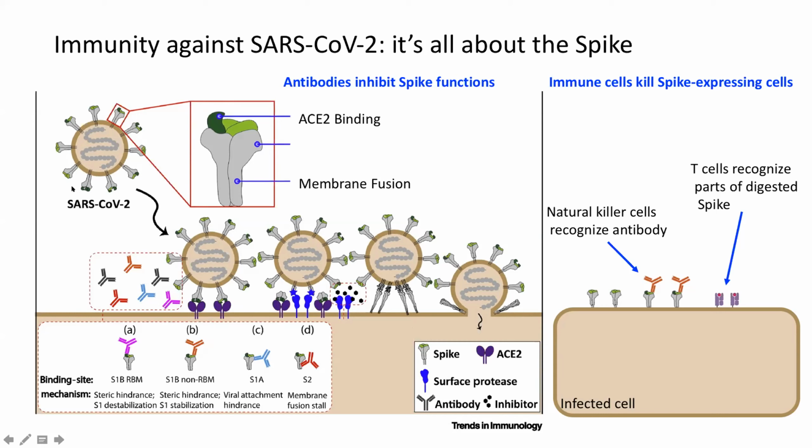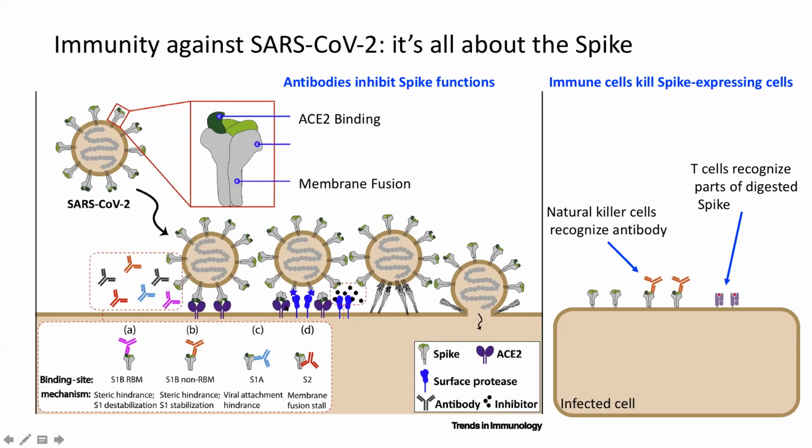And the reason spike is important, and we want to block spike, is because spike is really the first step in allowing the virus to enter a cell and infect it. And so that's shown here. You've got spike interacting with proteins on the host cell surface. So this is called its receptor protein, which allows the virus to attach.